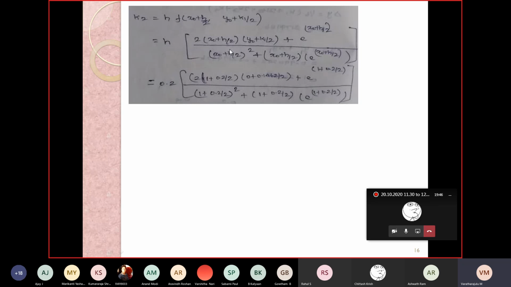And instead of x naught, h naught, and k1, we are going to apply those values. And here 2 into 1 plus 0.2 by 2. Here y naught is 0. We got the k1 value, divided by 2 plus e power 1 plus 0.2 by 2, by 1 plus 0.2 by 2 the whole square plus 1 plus 0.2 by 2 e power 1 plus 0.2 by 2.